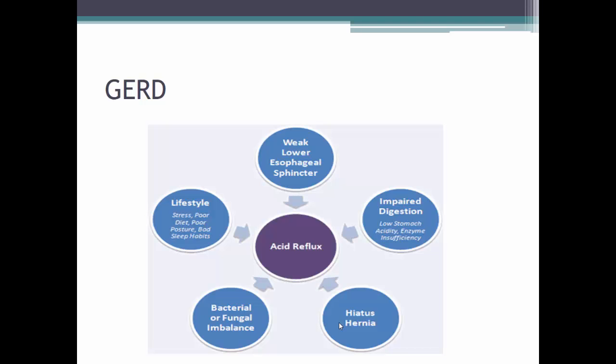Factors that could contribute to this include upright position, increasing gravity, any pressure on the diaphragm by obesity or pregnancy, weight gain, fatty foods, caffeine, carbonated beverages, alcohol, tobacco, in addition to anticholinergics, antihistamines, calcium channel blockers, progesterones, and even nitrates.